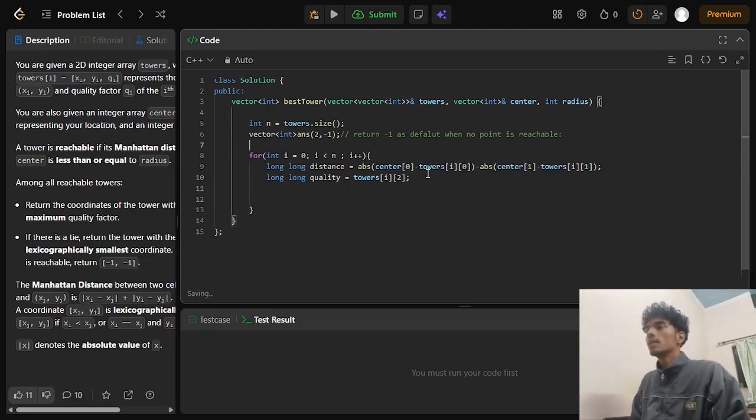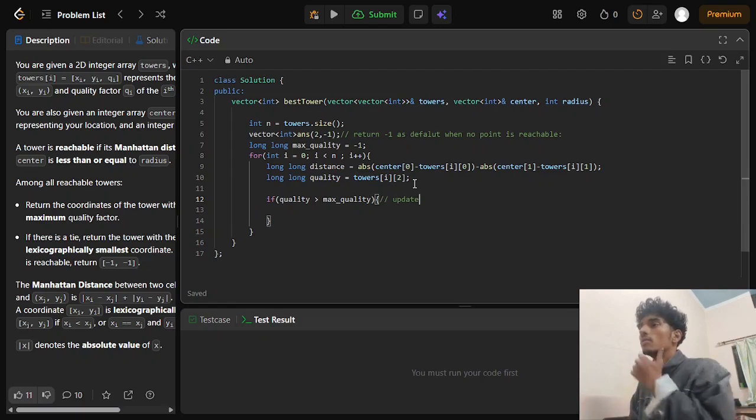We will also have to initialize max quality. Now our code will revolve around quality. If our current quality is greater than max quality, then we will update our answer.